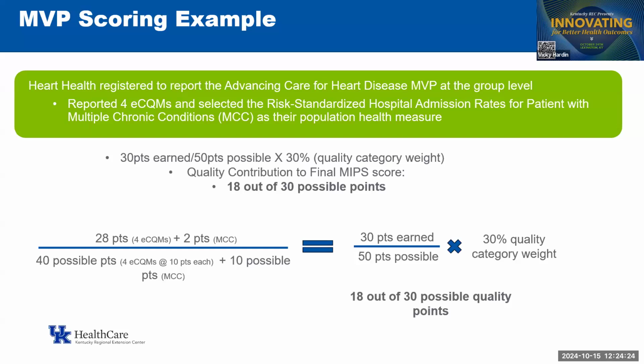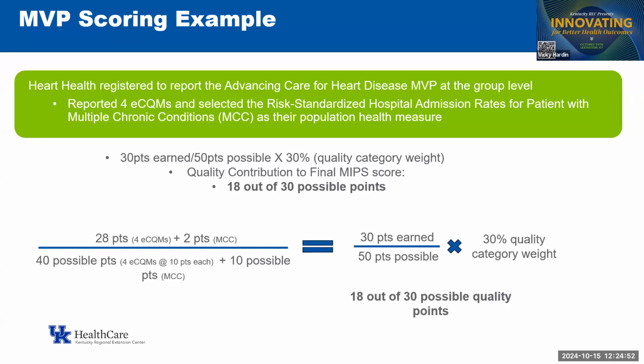Now, to break that down a little bit more, so they received 28 points for the 4 ECQMs that they chose upon registration. They only received 2 points for the multiple chronic condition population health measure, which gave them a total of 30 points earned. For their denominator, they received 10 points each for each ECQM, which gives them 40 points.